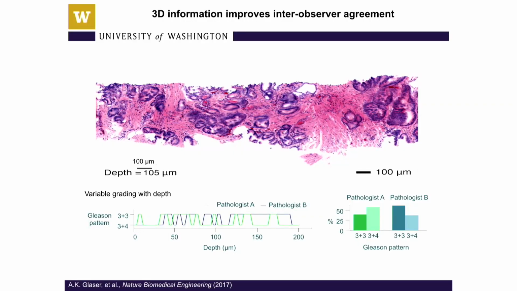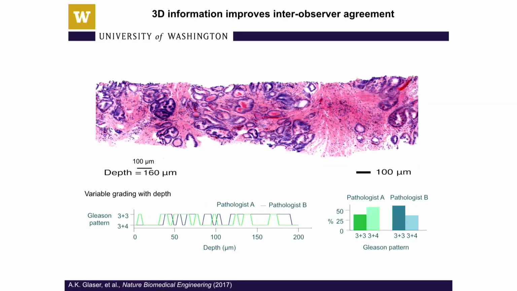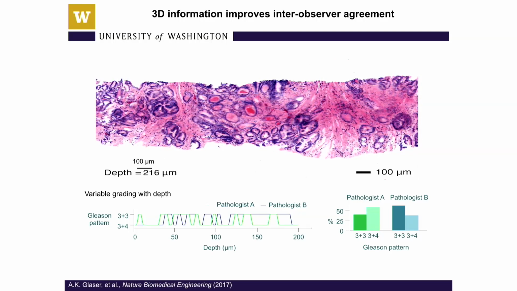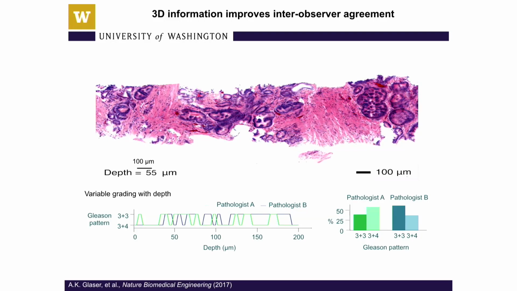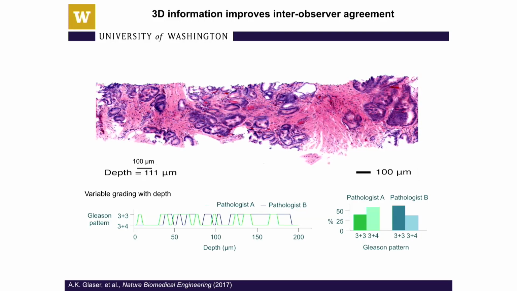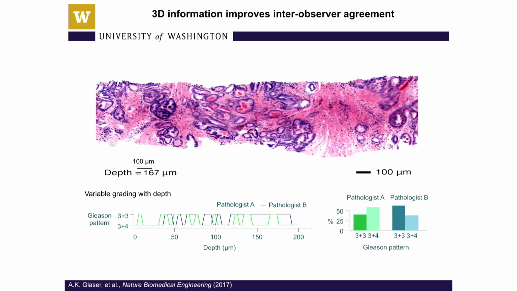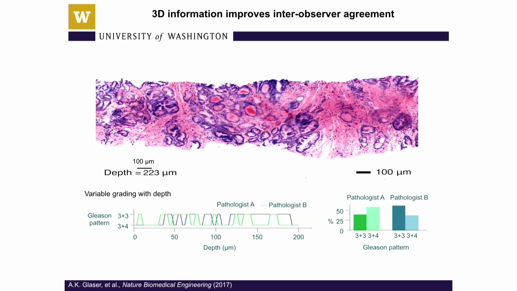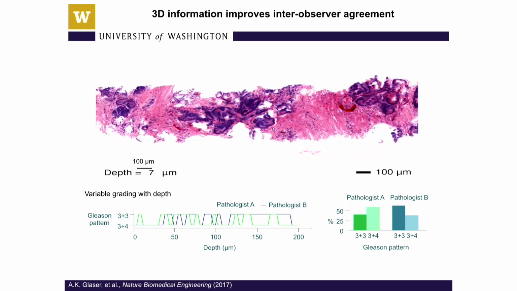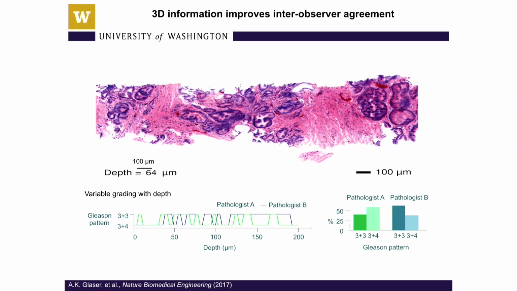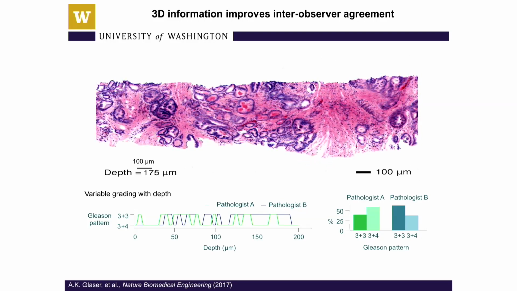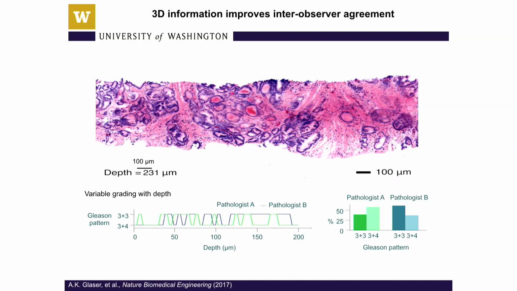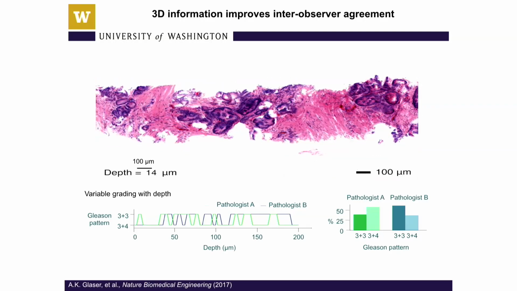These are some of my colleagues up at University of Washington who are doing some really cool work using light sheet fluorescent microscopy. This is a prostate core biopsy you see here. Pathologists are notorious for not even agreeing with themselves, let alone other pathologists. So you see here they're grading as they go further down the needle core biopsy. And it changes as they go down from a 3.3 to a 3.4.